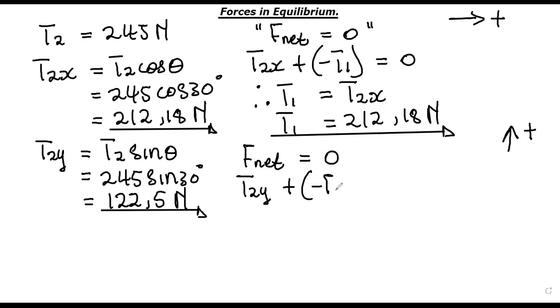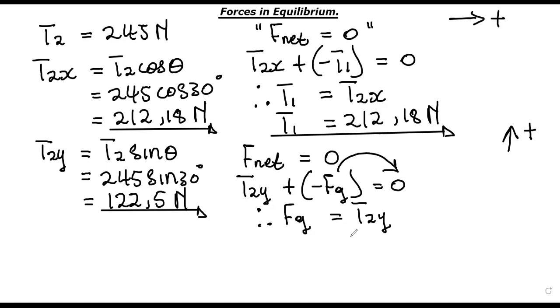But the force that is going downwards is the gravitational force. So this means the gravitational force will simply be equal to T2 in the Y after we took it to the right. So we know that the magnitude of the gravitational force will simply be 122.5 newtons.